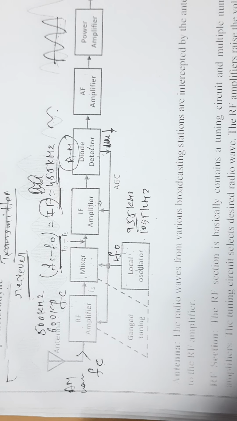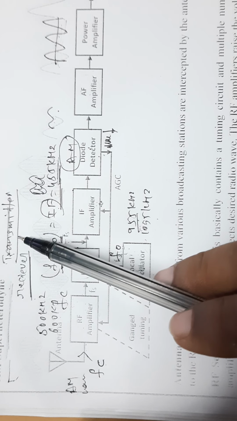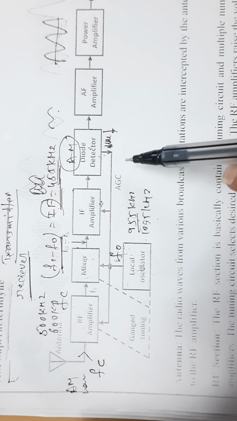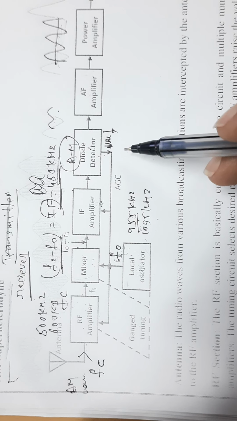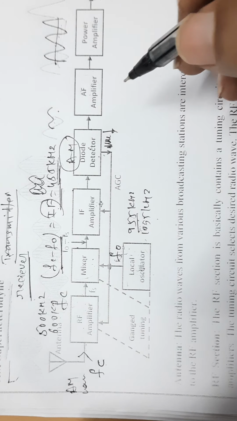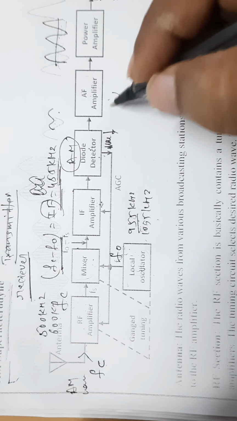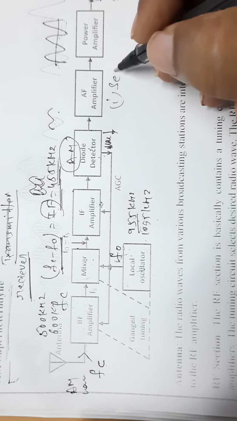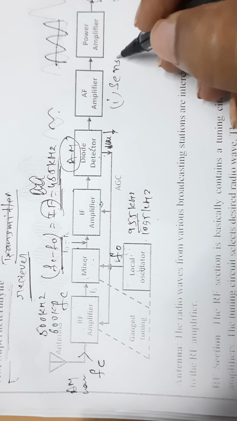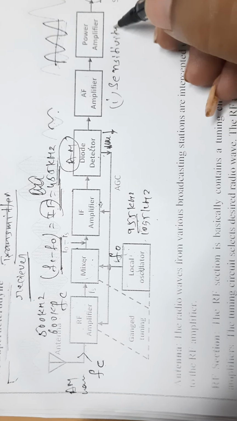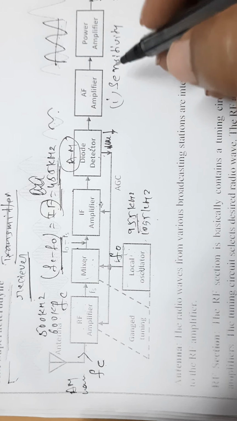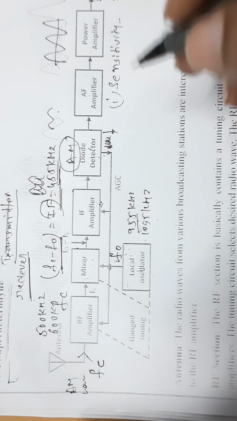So in the AM superheterodyne receiver, three important characteristics must be noted. Every receiver has three important characteristics. The first one is sensitivity. This receiver has high sensitivity.